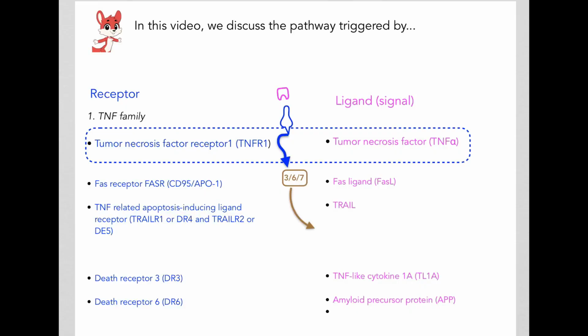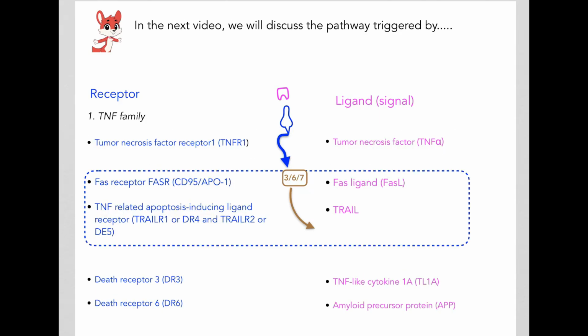In this video, we shall use TNFR1 and its ligand TNF-alpha to show how this receptor-ligand combination leads to extrinsic apoptosis. In the next video, we shall look at the FAS receptor, which is very similar to the TRAIL receptors, and their respective ligands, FAS ligand and TRAIL ligand.